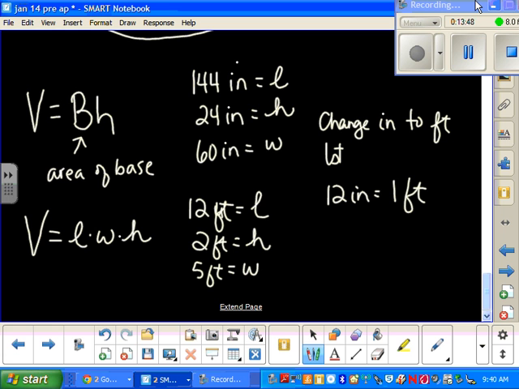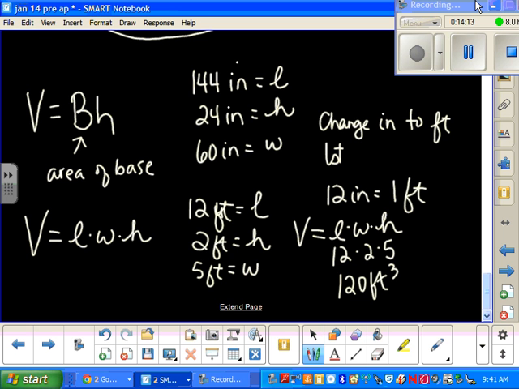Now these three numbers are much easier to multiply with, and so I would do 5 times 2 first, which is 10. And 10 times 12 is just add a 0, so it's going to be 120 feet cubed. Sorry, squared is area, cubed is volume. All right?